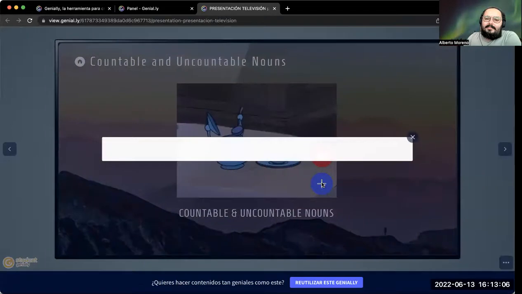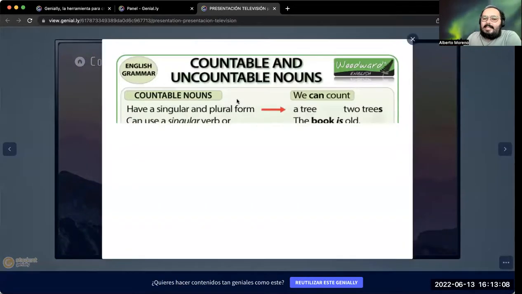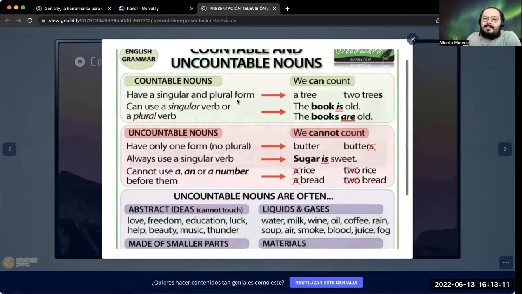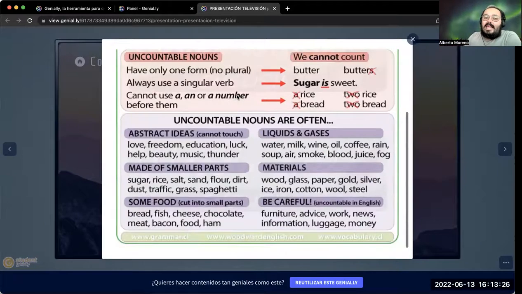En esta parte de aquí, bueno, hay una tablita que nos explica más a detalle. Countables, we can count. Los sustantivos contables se pueden contar, tienen singular y plural. Los no contables no se pueden contar, no tienen plural, es decir, solamente tienen singular y por lo general son ideas abstractas o cosas que se componen de partes pequeñas como el azúcar, la sal, el pasto, el espagueti, la sopa.